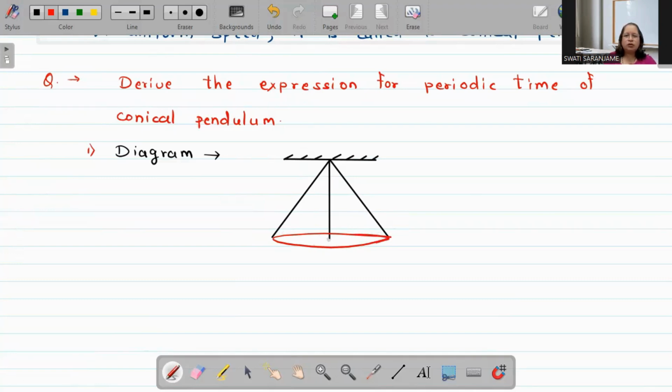Yes. So this is being the initial position before starting the circular motion. This represents radius of the horizontal circle. This is being length.